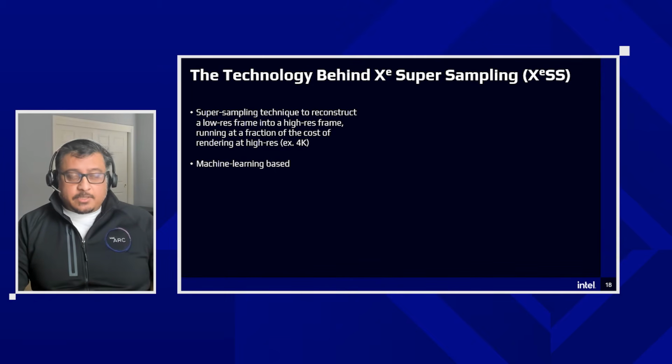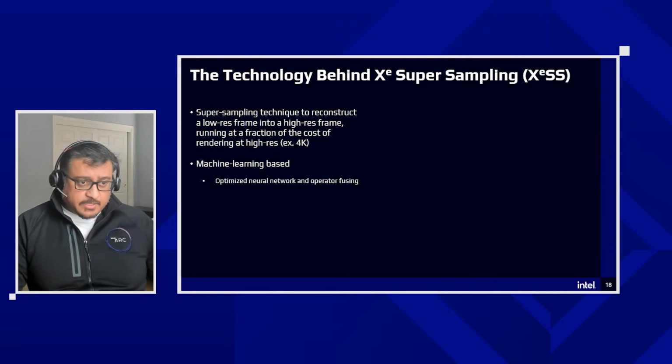The technique we are using for XeSS is machine learning based. We have an optimized neural network specifically designed for XeSS, which has a lot of operator fusing that's not available through standard AI frameworks. So we use that to accelerate XeSS faster on various devices.